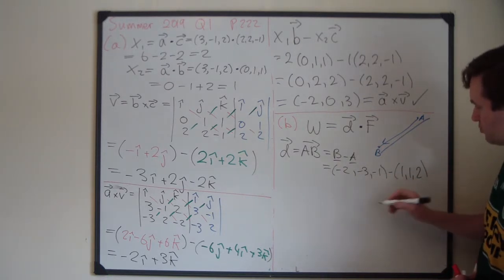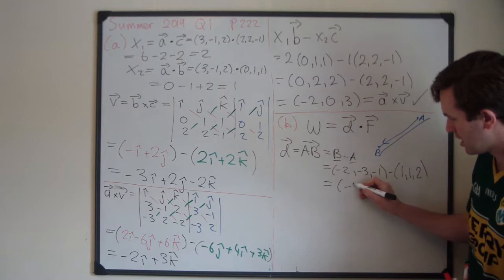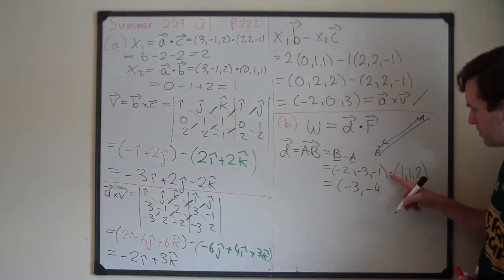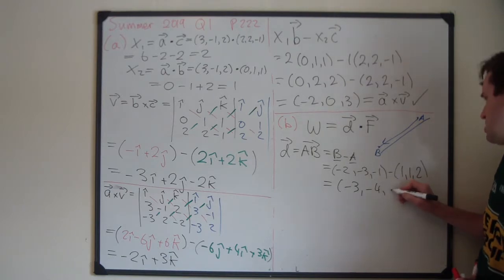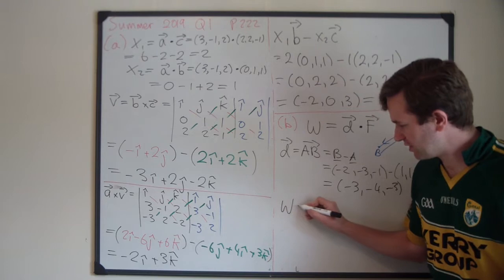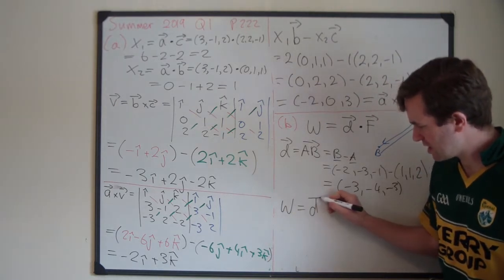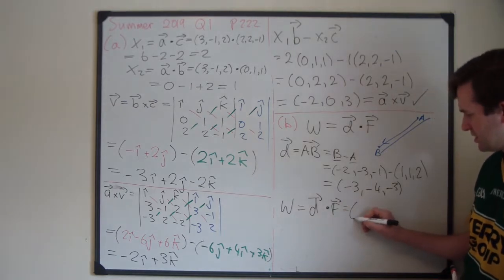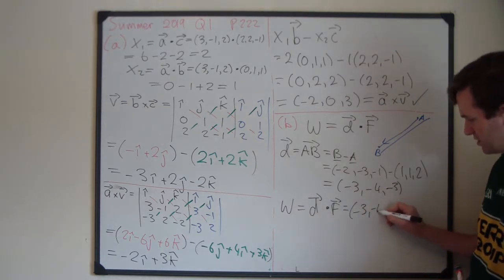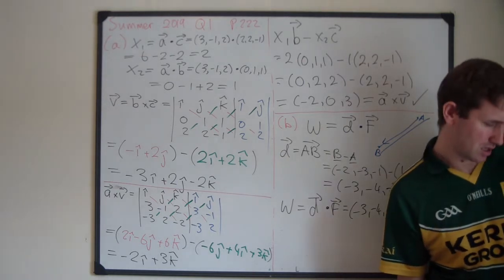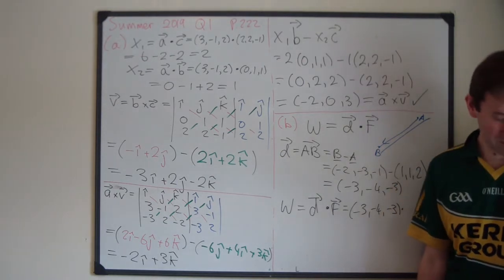So we get -2 minus 1, which is -3, -3 minus 1, which is -4, and -1 minus 2, which is -3. So that's the displacement vector. So we can find the work now. Displacement dotted with force. Displacement is -3, -4, -3, and the force is very easy. It's 0i, 0j, -980.